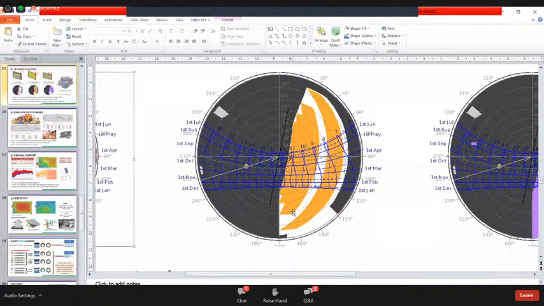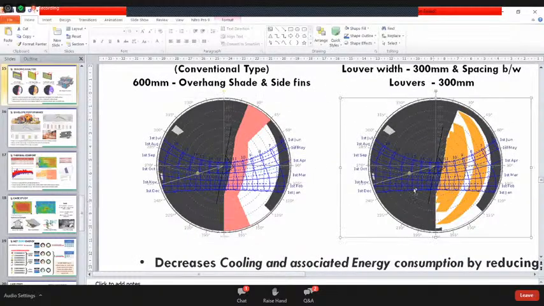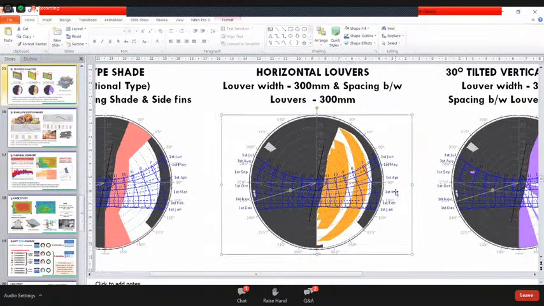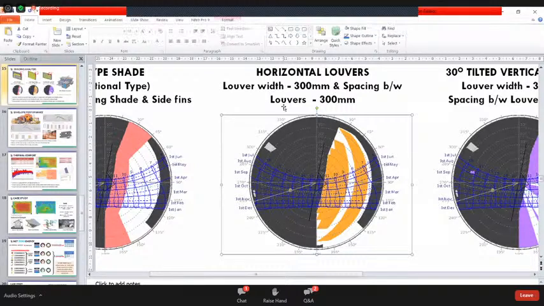So we did a simulation with horizontal louvers, with a louver width of 300 mm and spacing of 300 mm. We did the simulation with different numbers and different tilting. We found that the horizontal louver has a benefit: it is exposed for only half an hour to 45 minutes throughout the year.